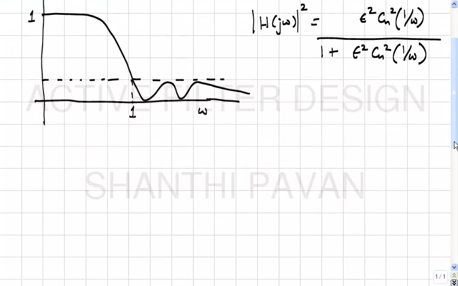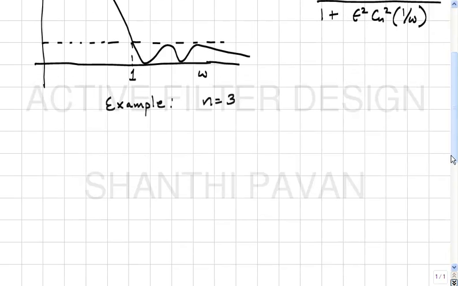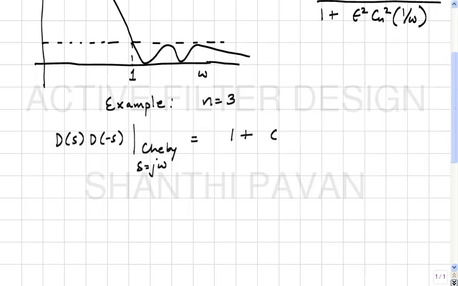Let's take a simple example. N is 3. So the denominator polynomial of the Chebyshev filter, when s is j omega, is given by 1 plus epsilon squared C3 squared of s by j.